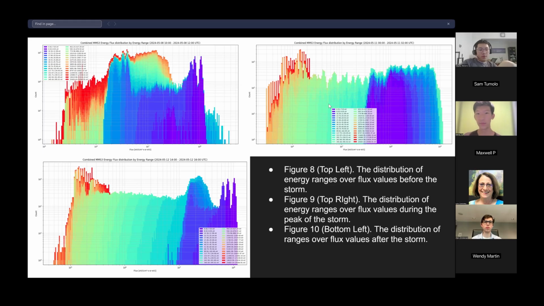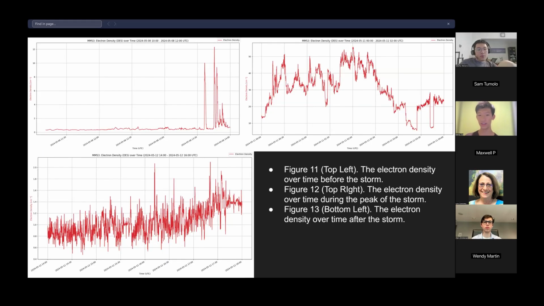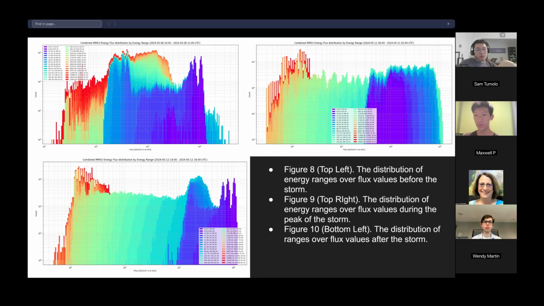For example, during the storm, sorry, there are some energy ranges between 500 and 800 that are at very high fluxes.